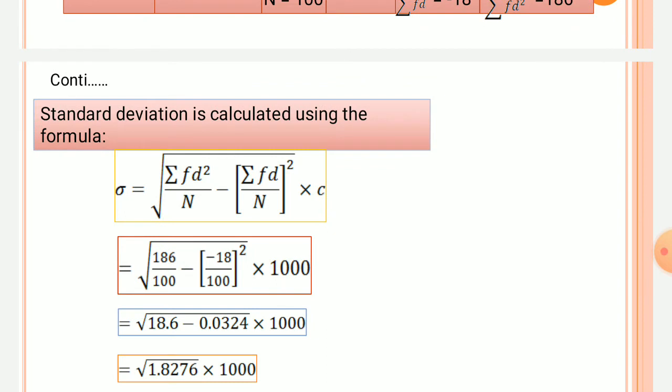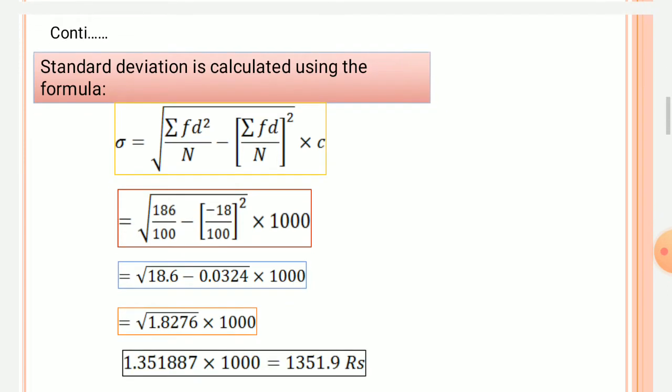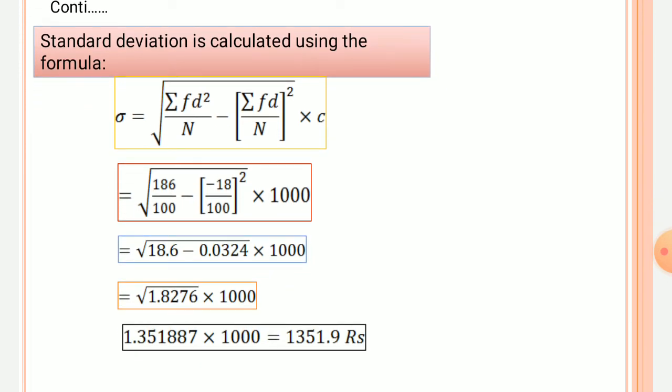Root of 186 by 100 minus 18 by 100 whole square into 1000. So here root of 18.6 minus 18 by 100 whole square means 0.0324 into 1000.